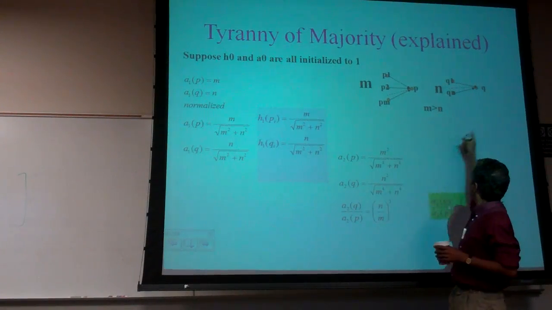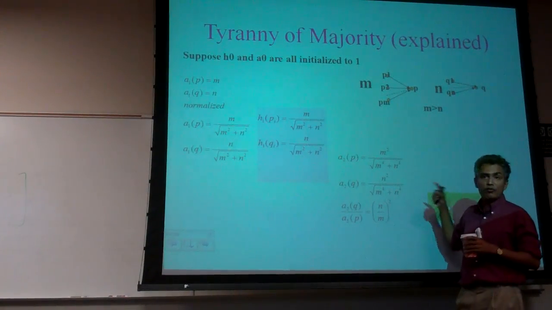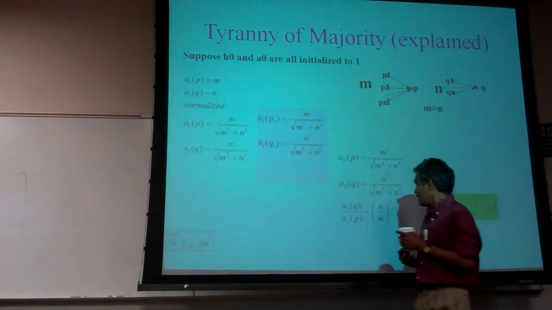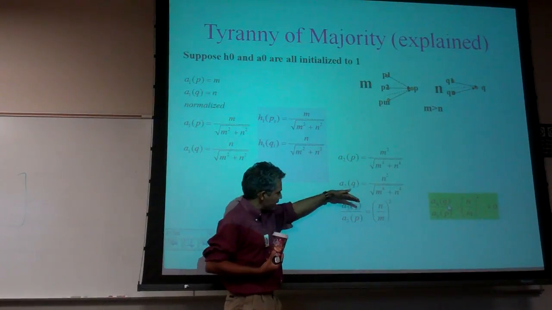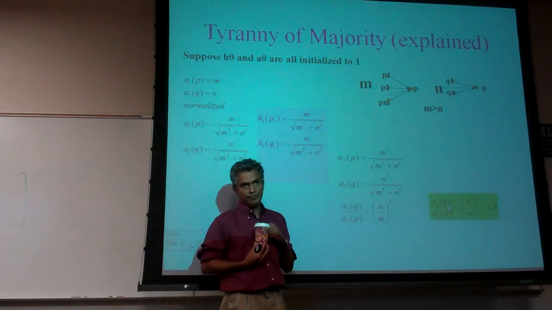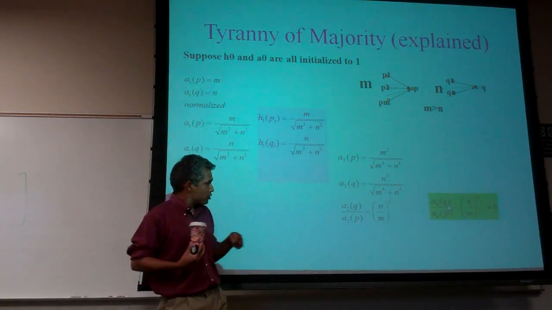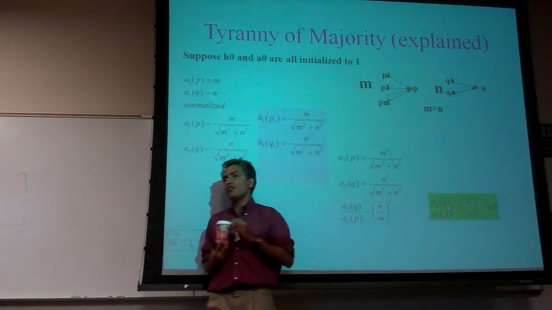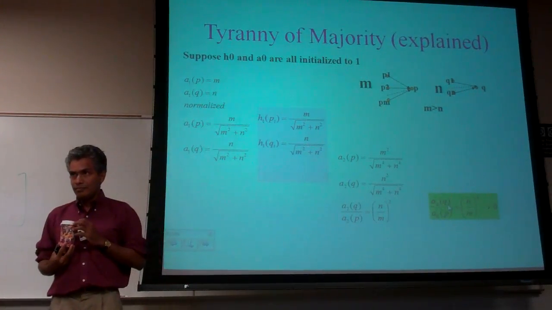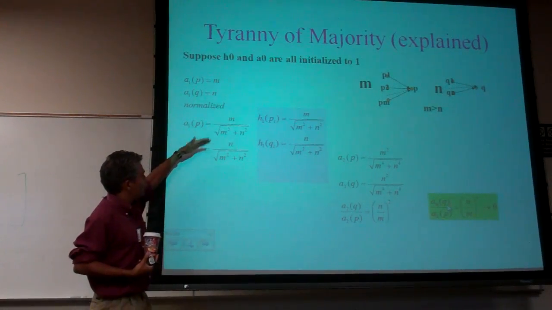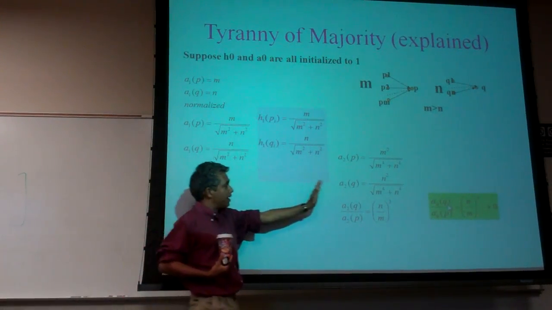Similarly for Q, it would be N squared over the same term. All I care about is the authority of Q divided by the authority of P, which cancels these terms out, and so it will just be N by M squared. So here the ratio of authority of P to Q was M by N. Here it's M by N squared.